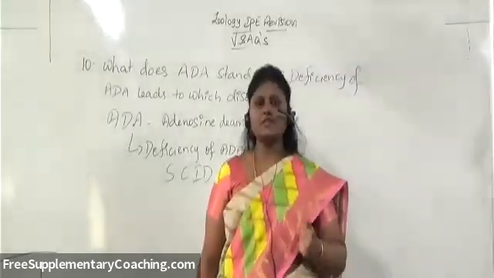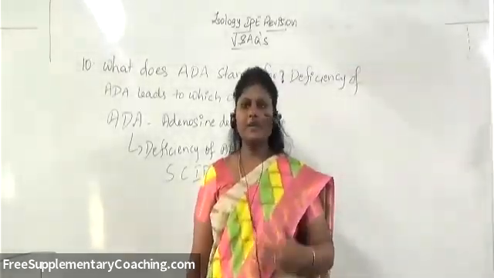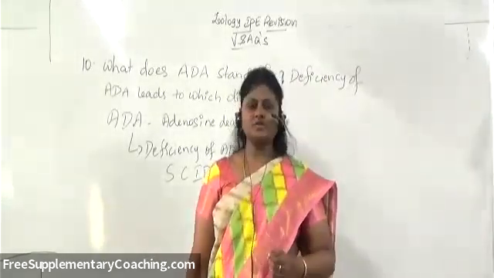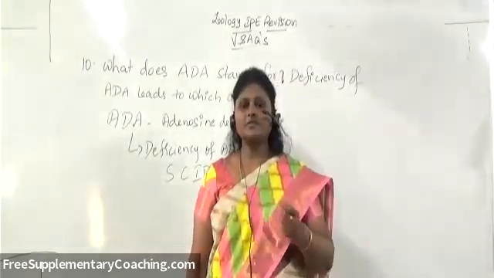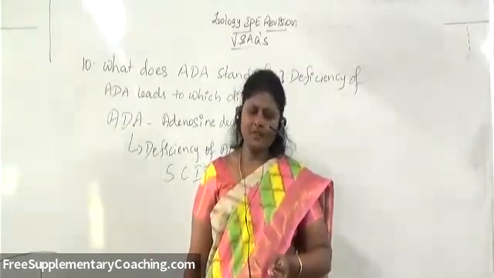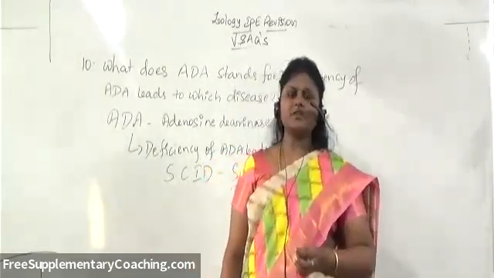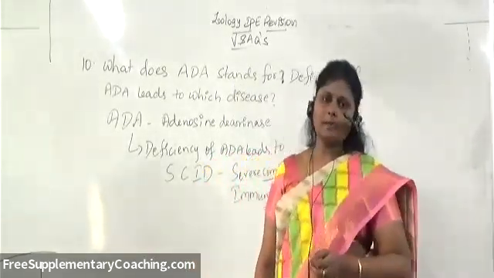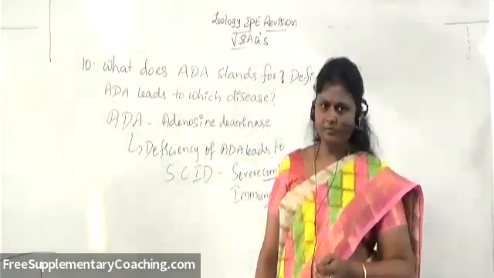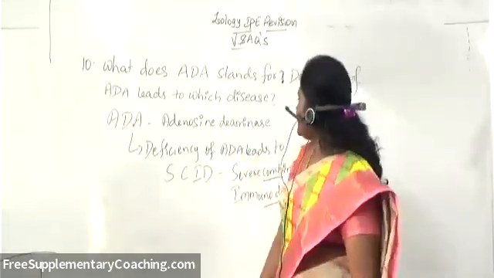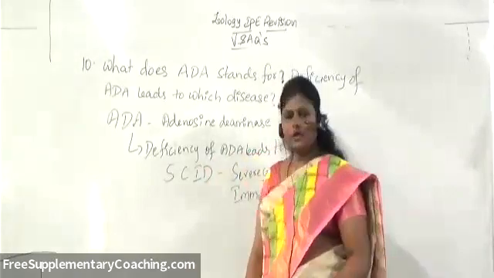The process of transformation of spermatids into sperms is spermiogenesis. The process of release of the sperms from the heads of the Sertoli cells out of the seminiferous tubules is called spermiation. Like that, totally 10 questions you have learned in today's session.